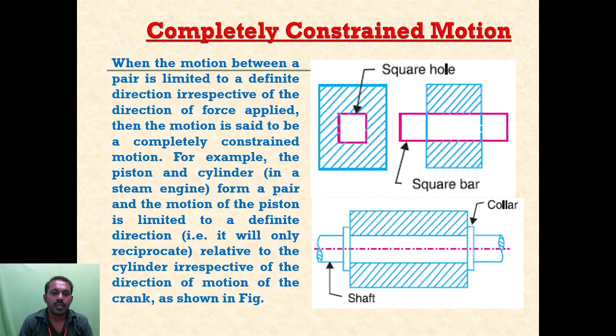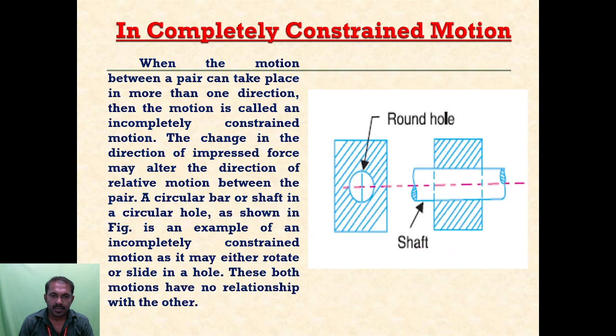For example, the piston and cylinder form a pair. The motion of the piston relative to the cylinder is limited to a defined direction, irrespective of the direction of force. Next, incompletely constrained motion. For example, a shaft in a hole may either rotate or slide.